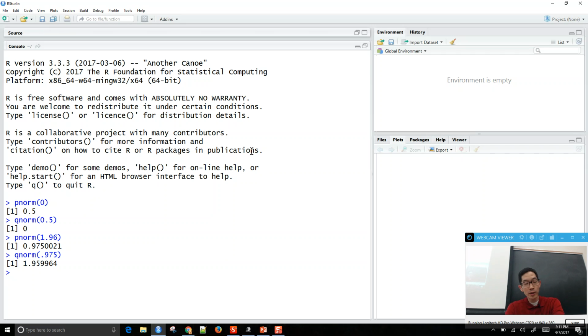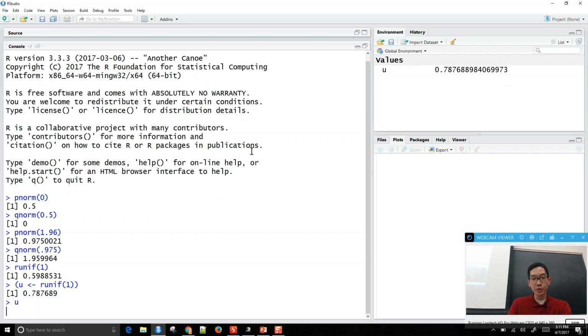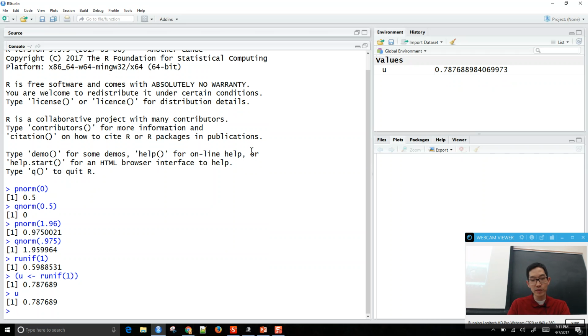Using just Qnorm, we can generate random numbers. Even if somehow the Rnorm function on your computer got deleted, if you can do Runif, I should store this. I'm going to call this U, and I'll put parentheses around it so it prints out. So here's U, 0.787689.